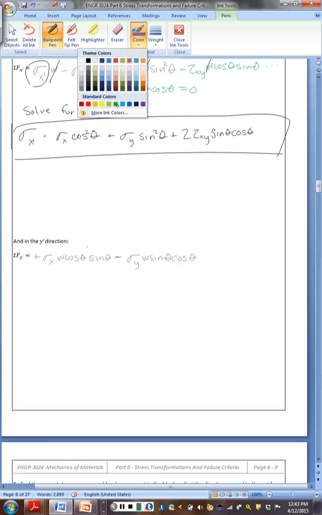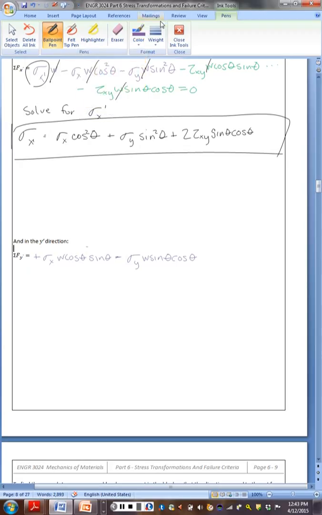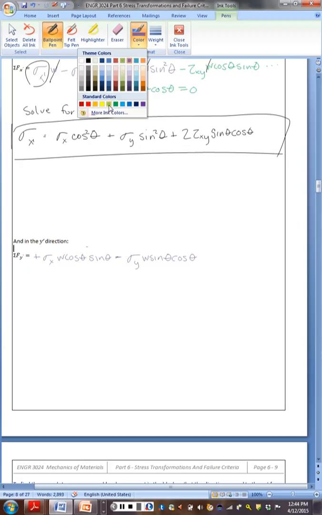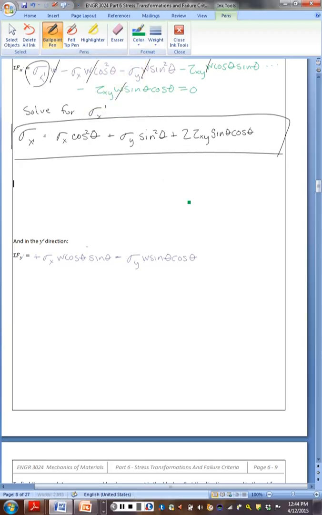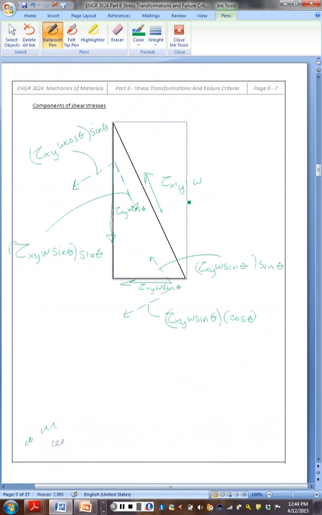Now looking at the balance of the terms from the shear, we have plus this guy, and minus this guy.